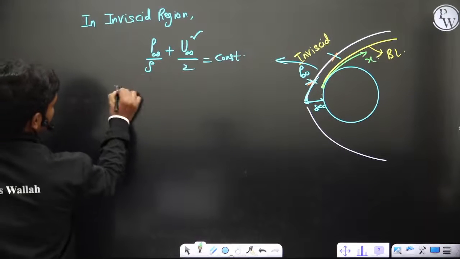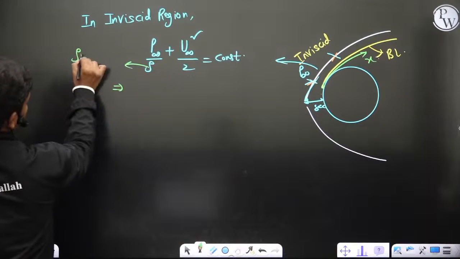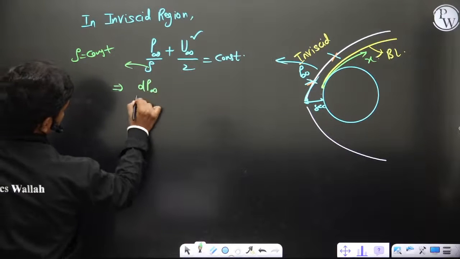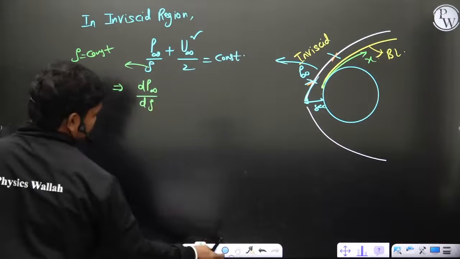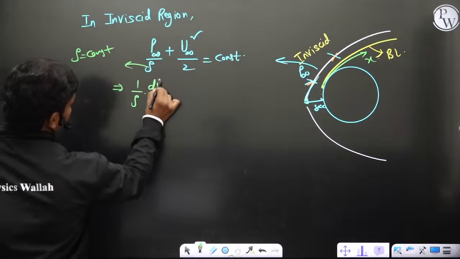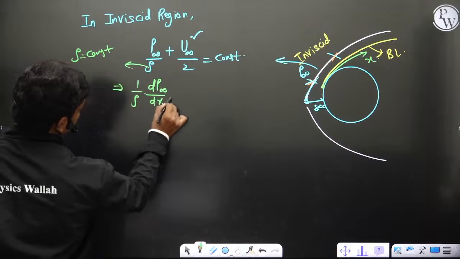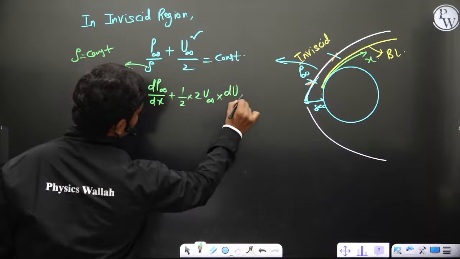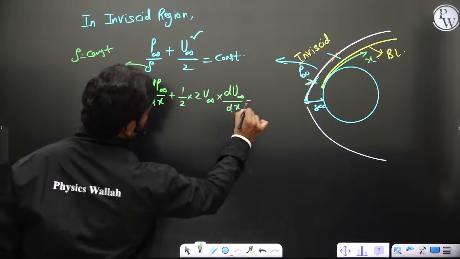So if you differentiate this, taking this as incompressible, with 1 by rho as constant, you get d P infinity by dx plus half into 2 U infinity into d U infinity by dx is equal to the derivative of a constant, which is 0.